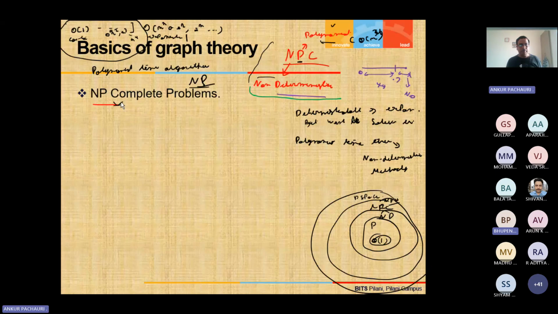NP hard means we don't have a solution, but we can verify whether it is solvable or not. These are problems whose solution is either not known to us, or if it is known, then it is exponential. So sometimes NPC and NP hard can overlap also.